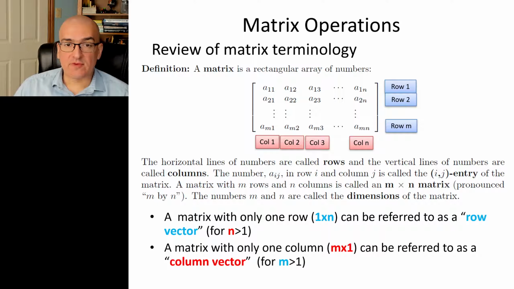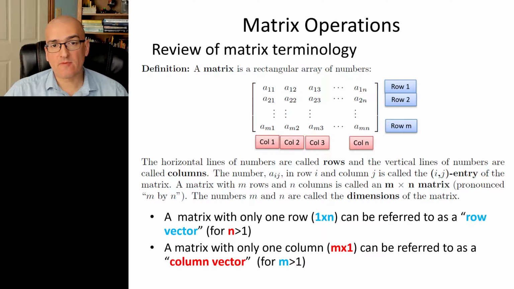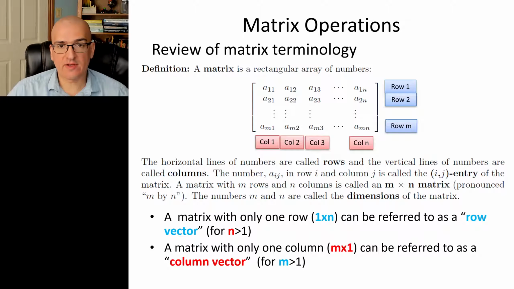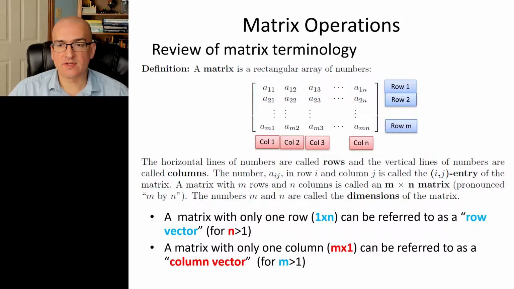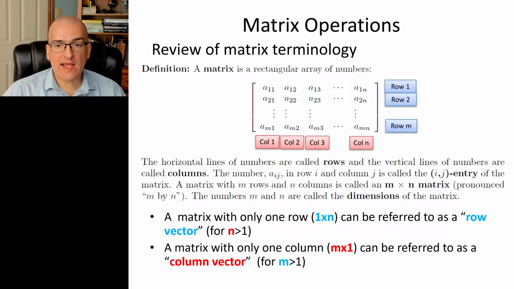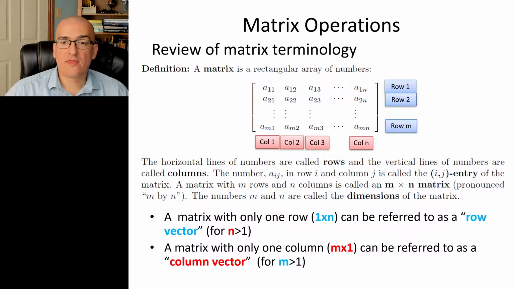You gotta be a little careful with the next part. Remember the i and j from vectors? You have a unit vector in the i direction, which is the x direction, and a unit vector in the j direction, which is the y direction. We're not going to use i and j in the same way here. We're using them as a type of index counter. The notation little a_ij refers to the matrix element, the number that's at row number i and column number j.